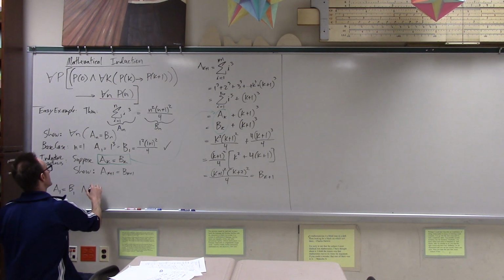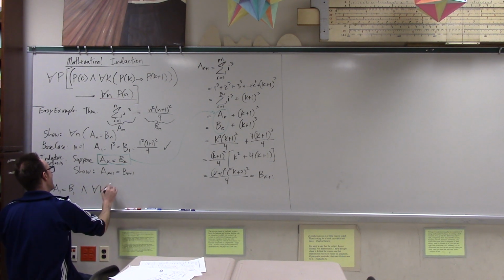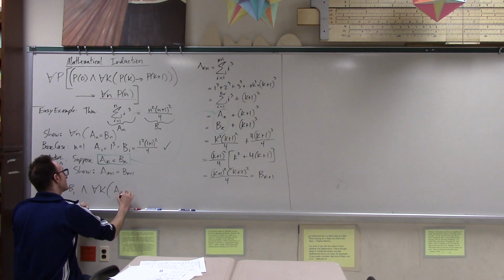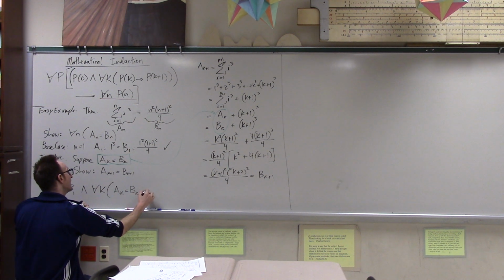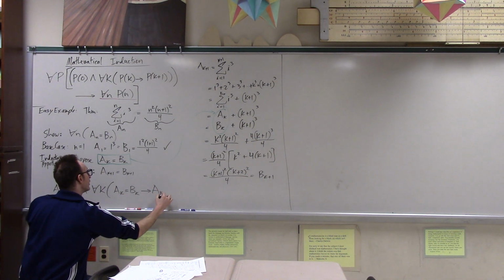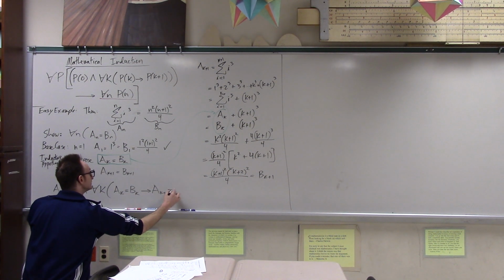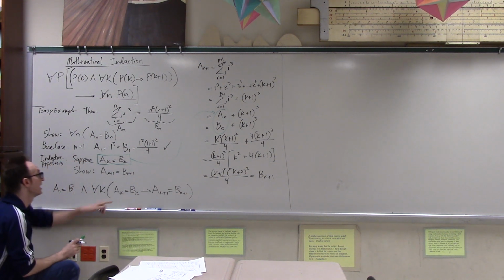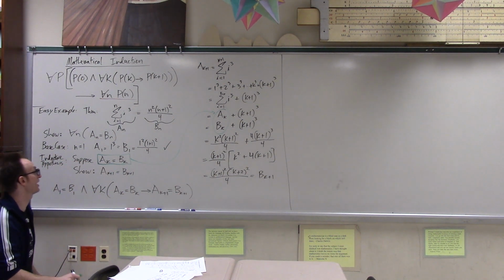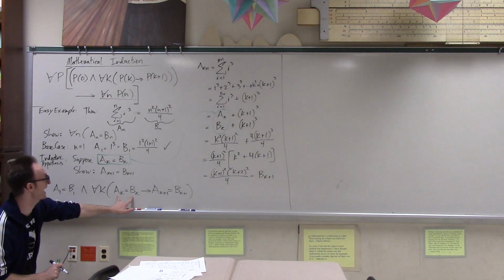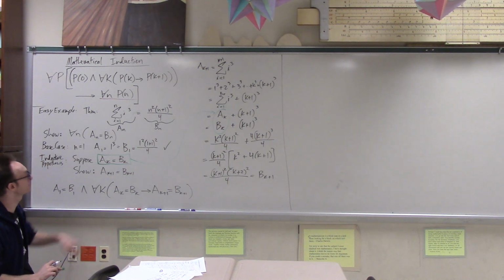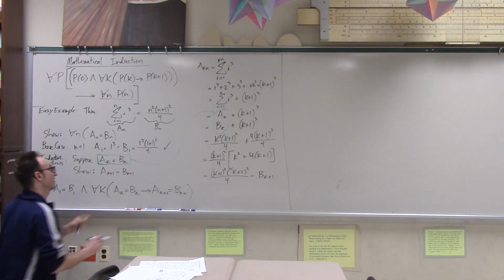And we then assumed an arbitrary k, and we showed that on the assumption that the formula is true for b sub k, that it is true for k plus 1. This is my summary of what has happened in this proof so far. I assumed that the formula worked for k, and from that assumption showed that it worked for k plus 1. And so the property of the formula working has been inherited.